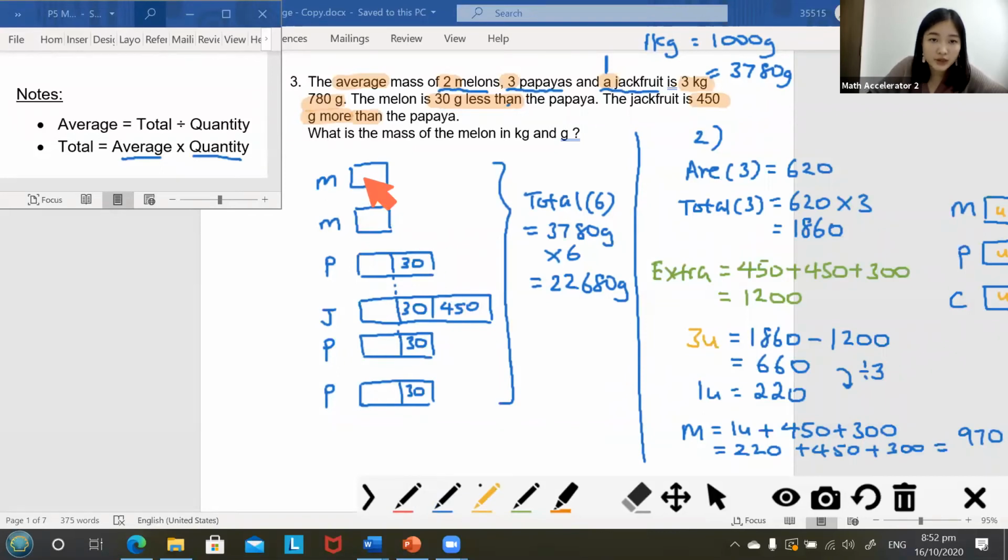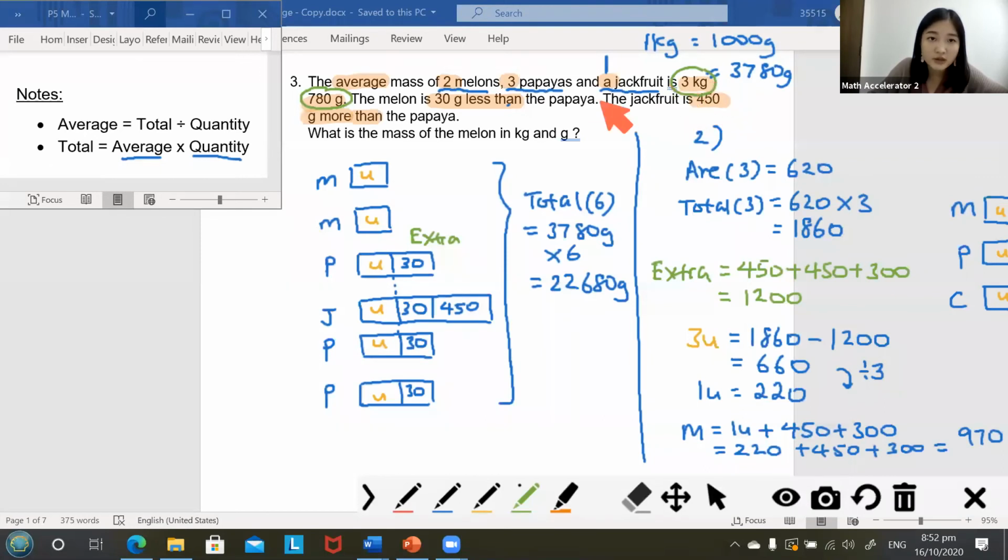Okay, so now you have to take away the extra so that you'll be left with the units here. And you have 1, 2, 3, 4, 5, 6 units here. So let's take away the extra. Let's find the extra. 3780 is the average here, it's given. 3 kg, 780 grams. 3 kg is 3000 grams.